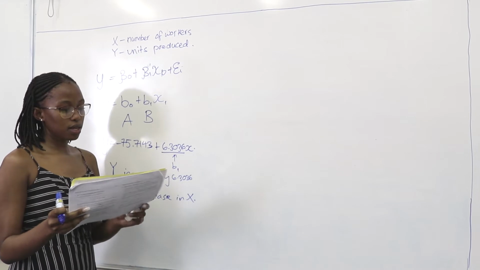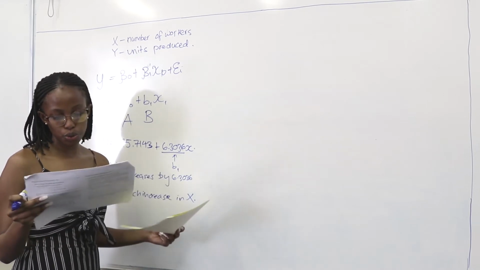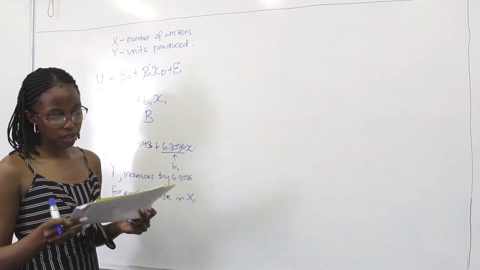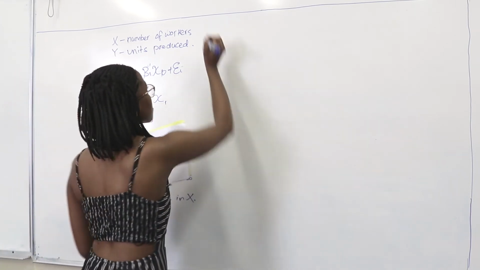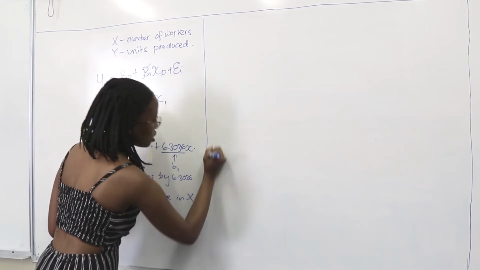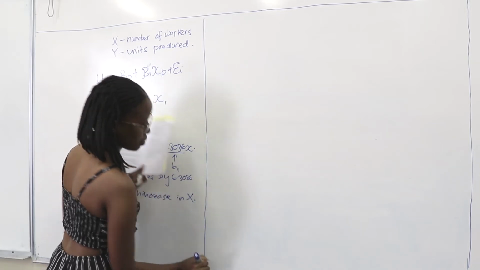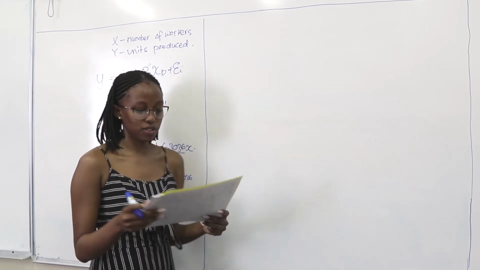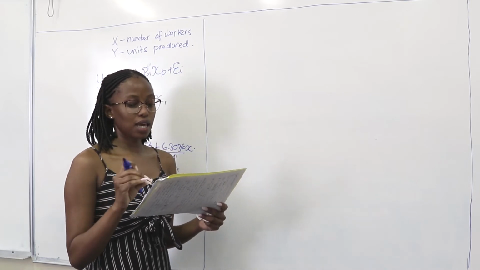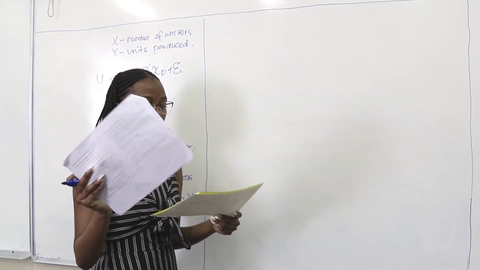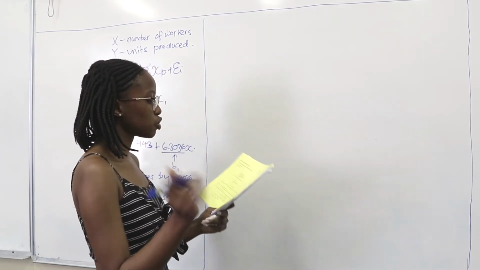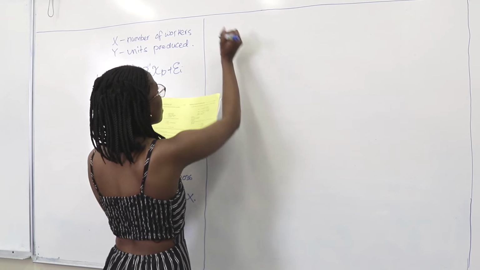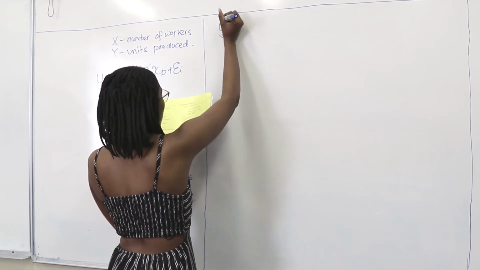And then now we're going to move on to G, where they ask for a 95% prediction interval. A prediction interval is similar to a confidence interval, but in this case, it differs in one way. So I'm just going to write the equation for a confidence interval and then show you how the prediction interval looks different.